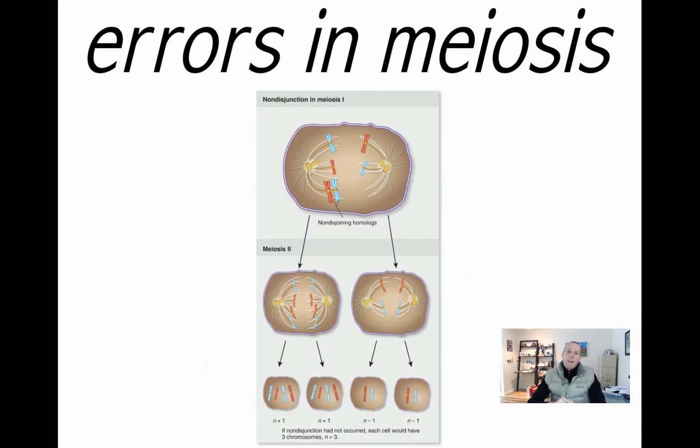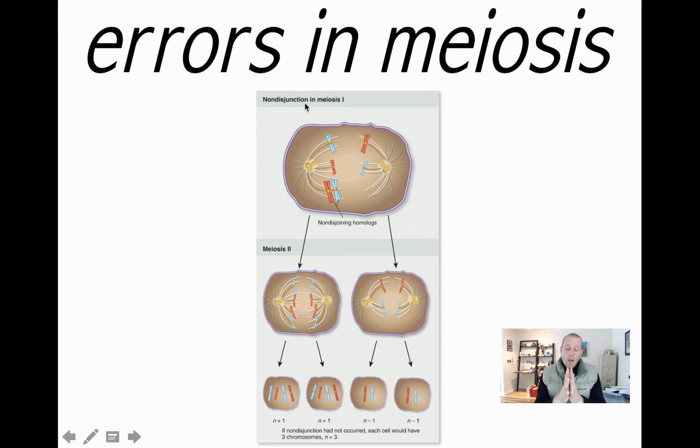The last thing we're going to take a look at really quickly is what can go wrong when you see errors in meiosis. This kind of error can lead to genetic defects, conditions such as Down syndrome, for example. Let's look specifically at an event called non-disjunction in meiosis 1.